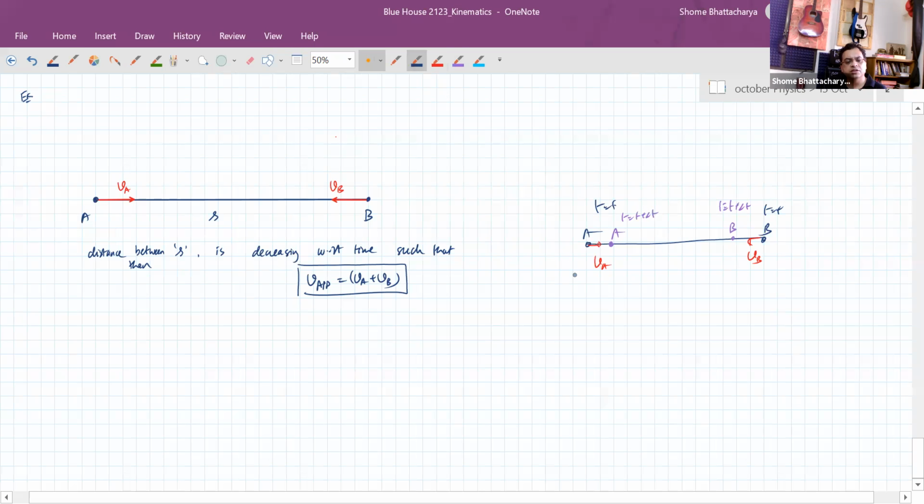So the distance between them would have decreased from s to s minus delta s.